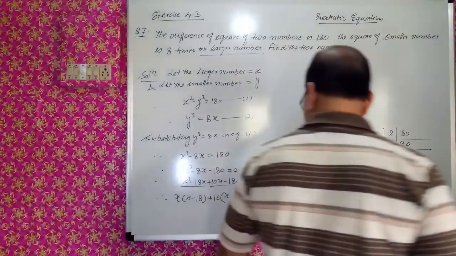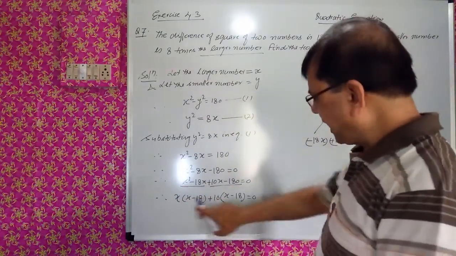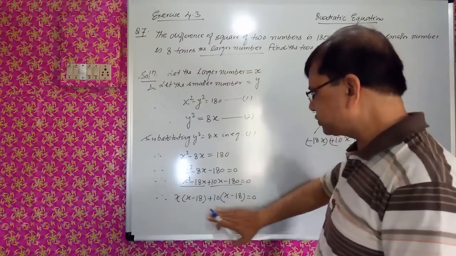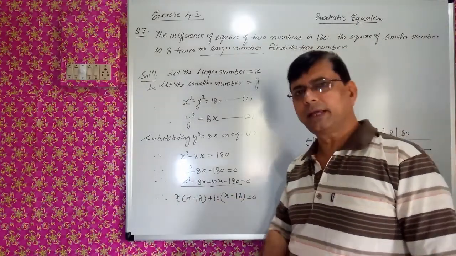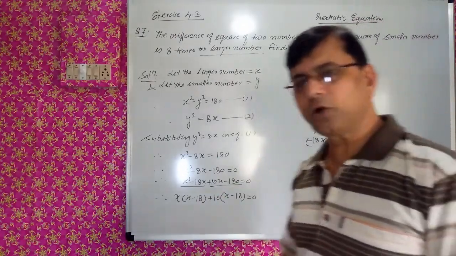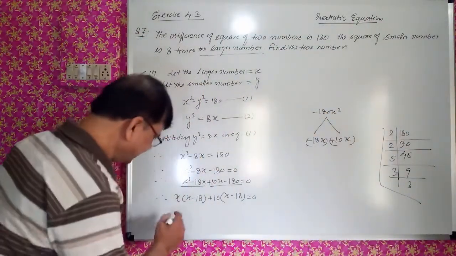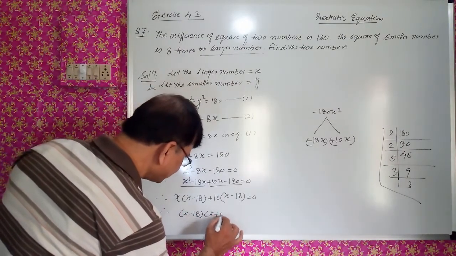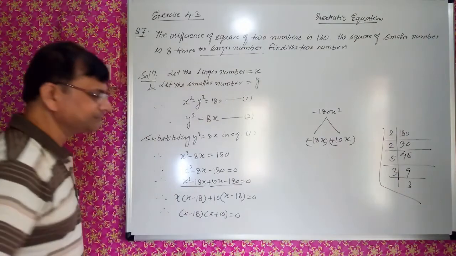Now this much is clear. So here again, out of these two terms, what is common? x minus 18 is common in both. So we can take x minus 18 common. Therefore, (x minus 18)(x plus 10) is equal to 0.